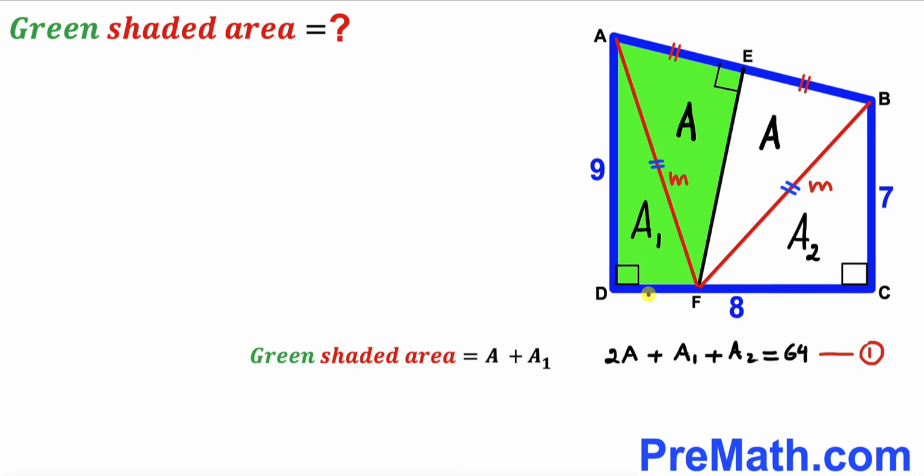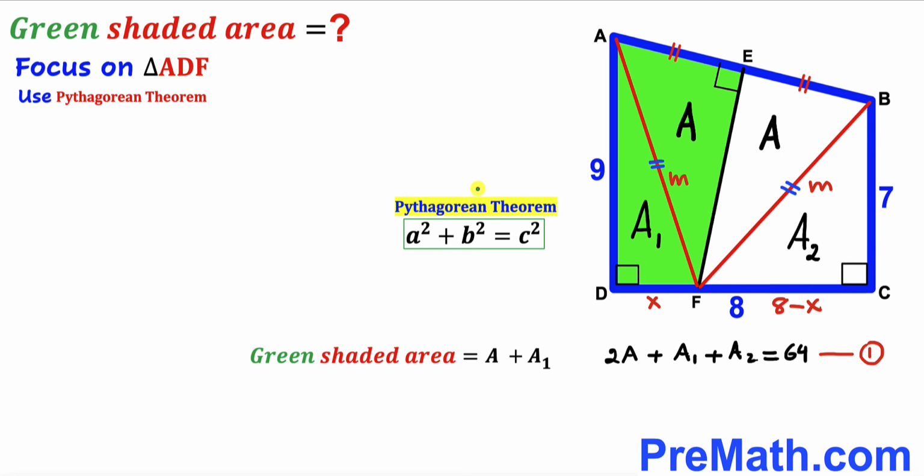Now we are going to label this tiny segment DF length as x, and we know this whole CD length is 8. So this segment FC length is going to be 8 minus x. Now we focus on this right triangle ADF, and apply the Pythagorean theorem: a square plus b square equals c square.